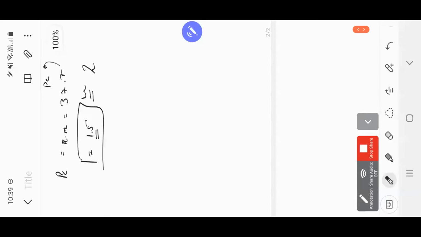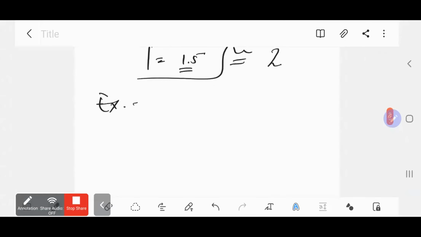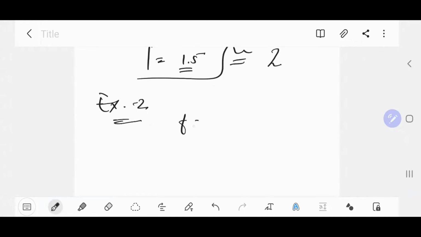Example number 2. Small t is equal to 40, capital T is equal to 40, pressure angle phi is equal to 20 degrees, module M is equal to 6.